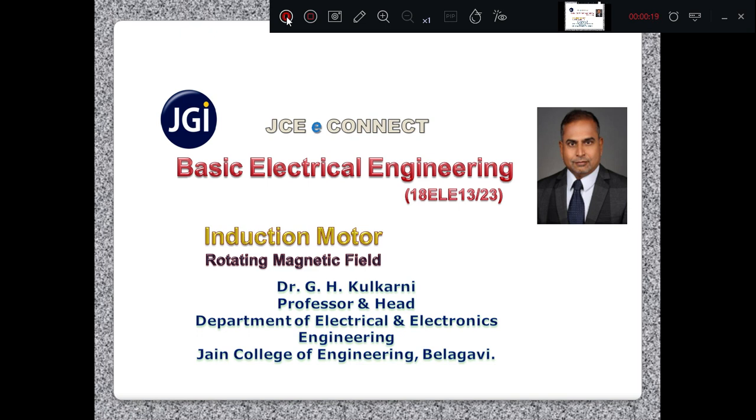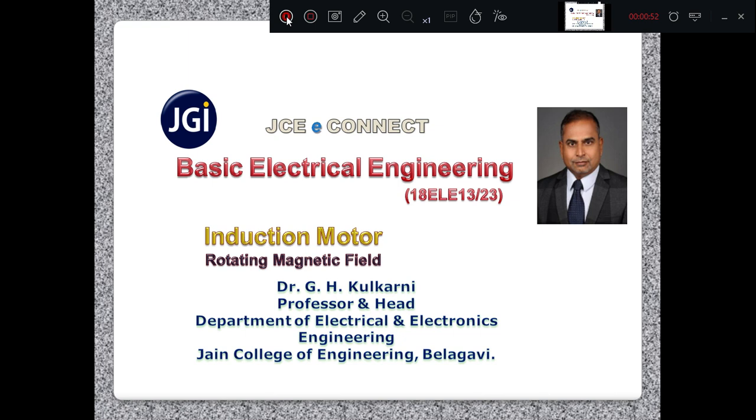In the rotor, the conductors are placed and short circuited on either side, either on the rotor itself or brought outside and short circuited. In the stator, we have a three-phase winding. These three-phase windings are connected to a three-phase supply. These windings are excited by a three-phase supply.